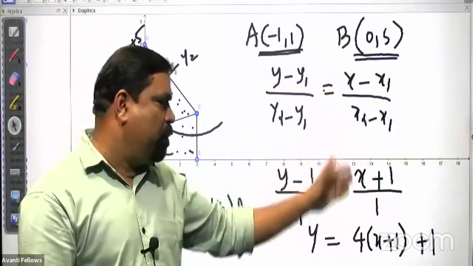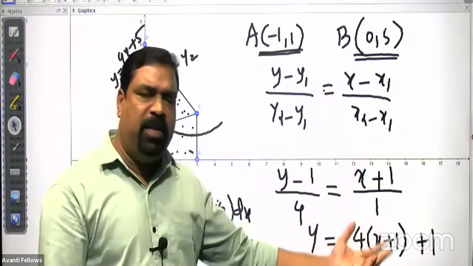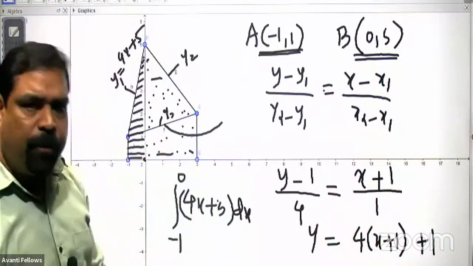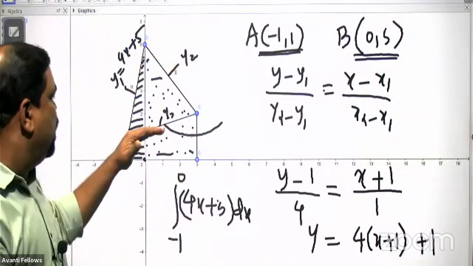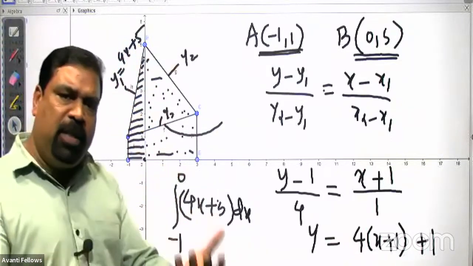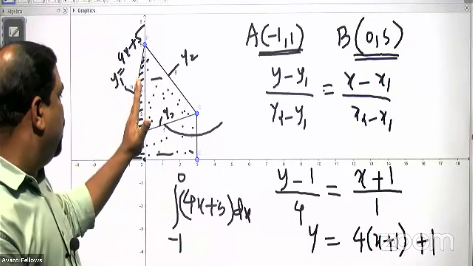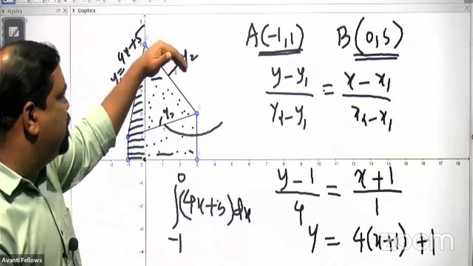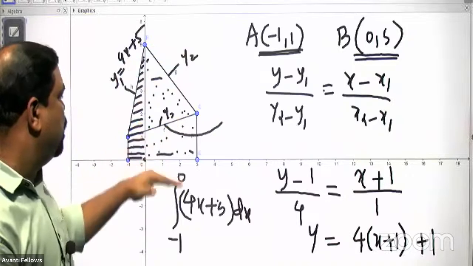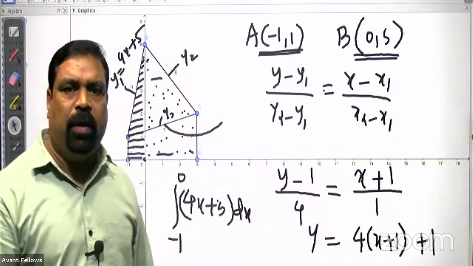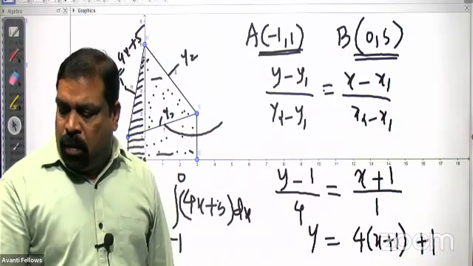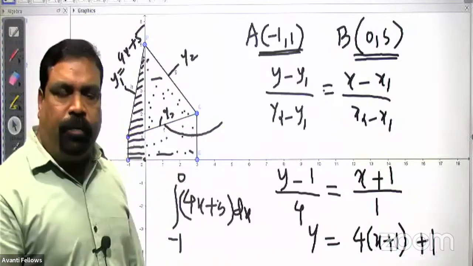Then integrate each part: area under AB, then area under BC, then area under AC. So the required area is area under AB plus area under BC minus area under AC. So this is the method.